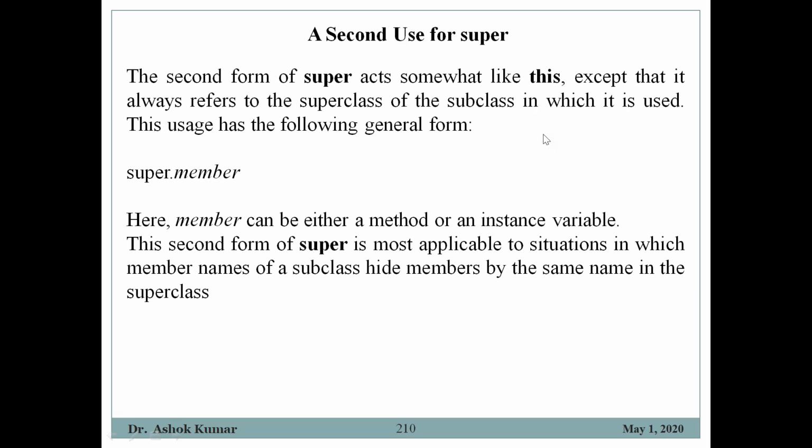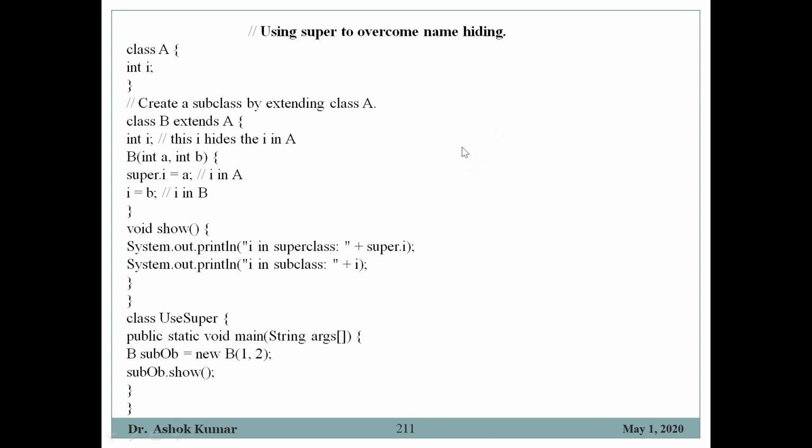So here is the example through which we are going to discuss this. There is one class A. In this class, we have just one instance variable i, and no methods. And we are extending this class A and creating a new class out of it, B. In B, we have another instance variable i.